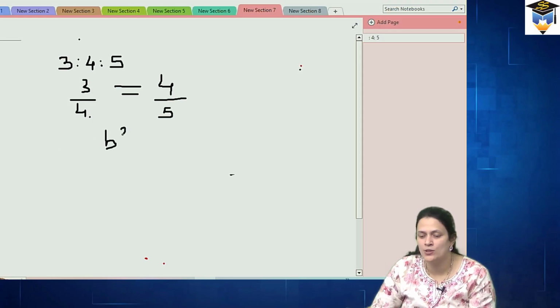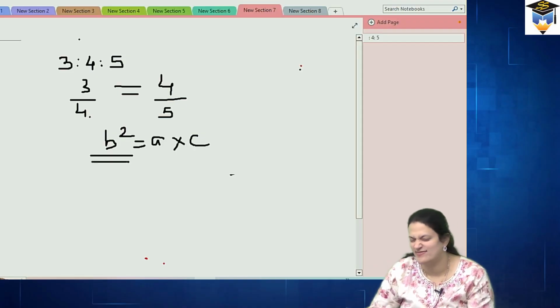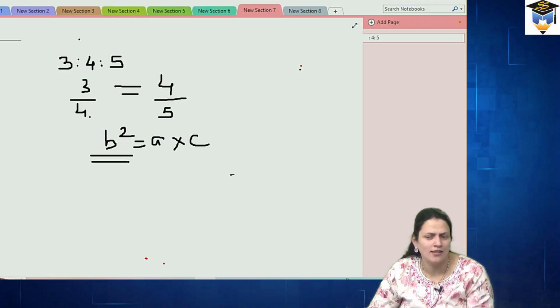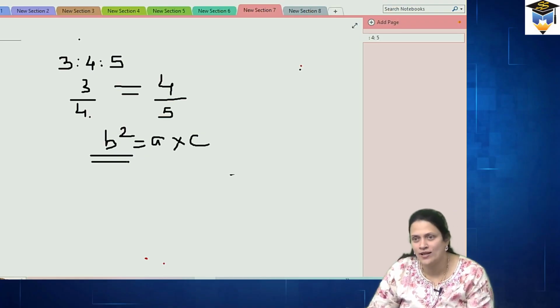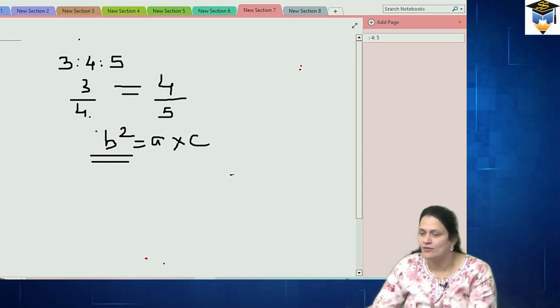Now in this case B square is equal to A into C, correct? So B is called something. Mean perhaps. Mean was found out in this way. B square is equal to A into C. B square means what?